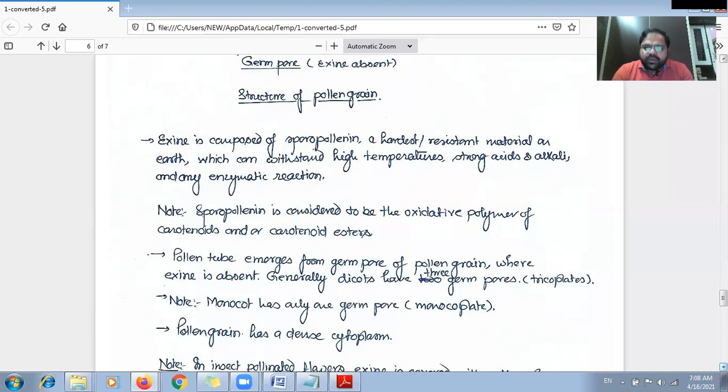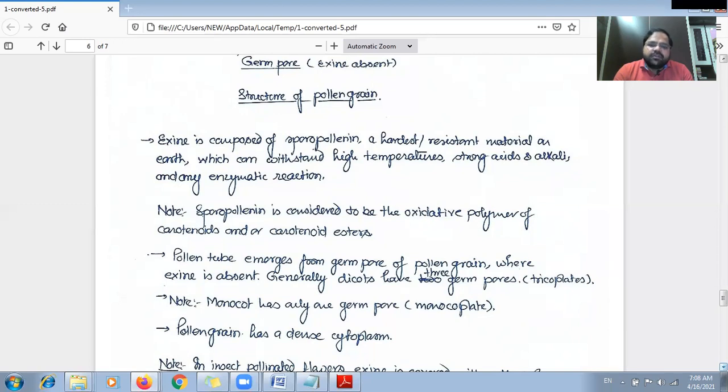It protects the inner cytoplasm or inner cells, the generative cell and vegetative cell. The main function of the exine and intine is to provide protection to these cells so that the pollen grain can survive in harsh environments also.